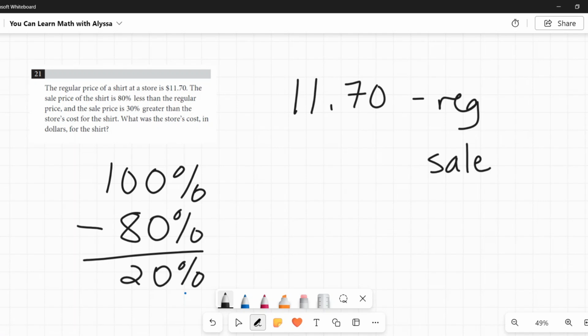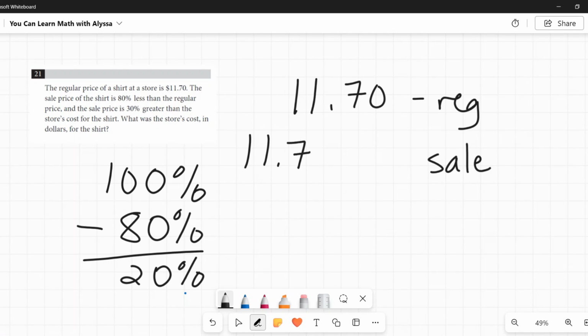Are there other ways you can approach this? It's going to be the same numbers, 80, 20, but you can come at it from a different angle. As long as you get to your answer, your sale price is going to be 20% of the regular price.